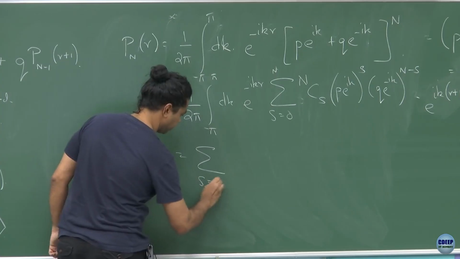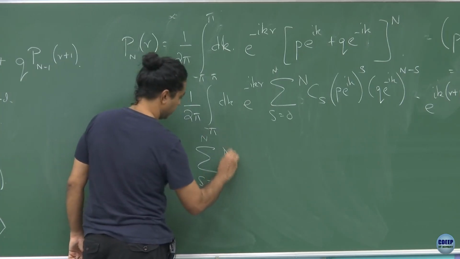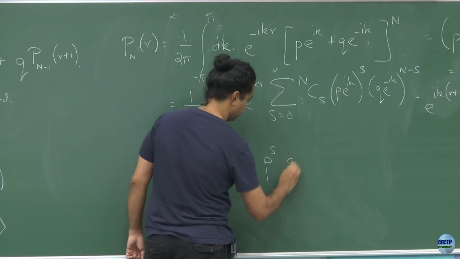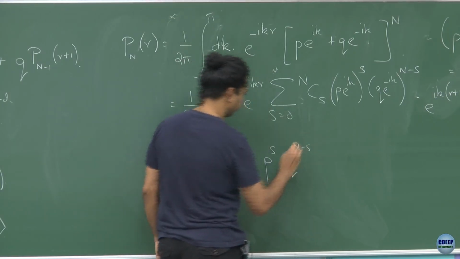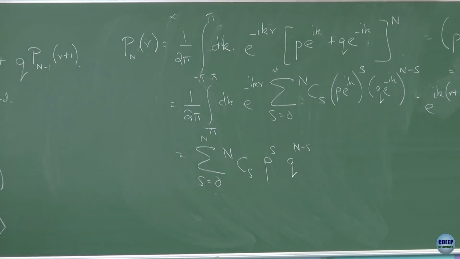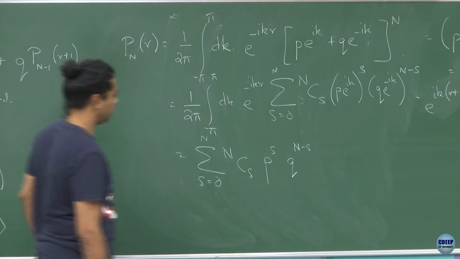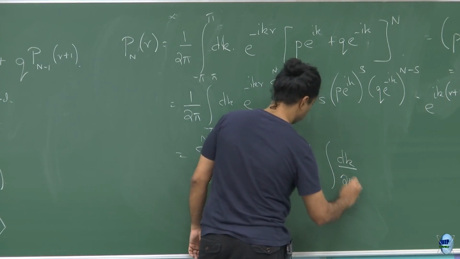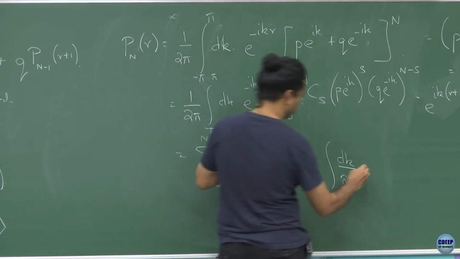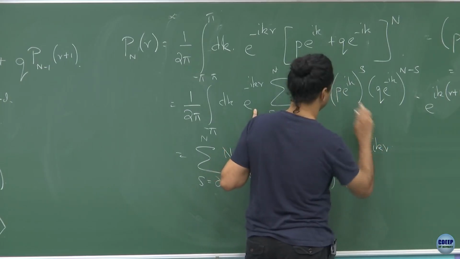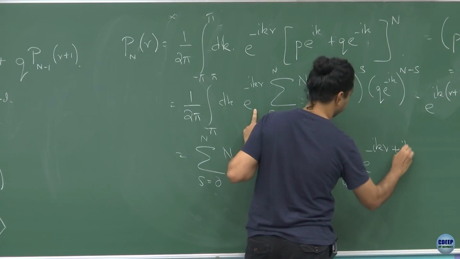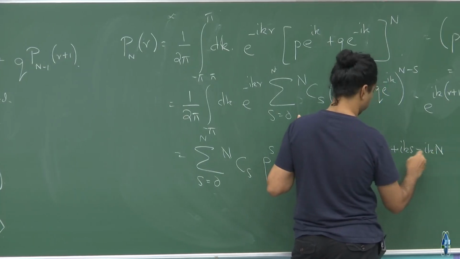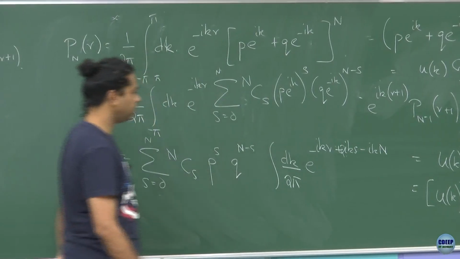So I want to separate out the sum over s equal to 0 to n, nCs p to the power of s q to the power of n minus s, and then I do this integral dk by 2 pi e to the power of minus ikr e to the power of plus iks minus ik(n minus s), so 2iks essentially.